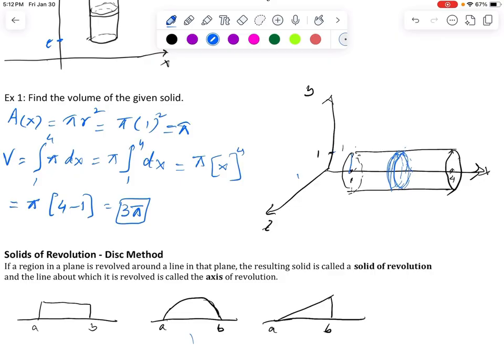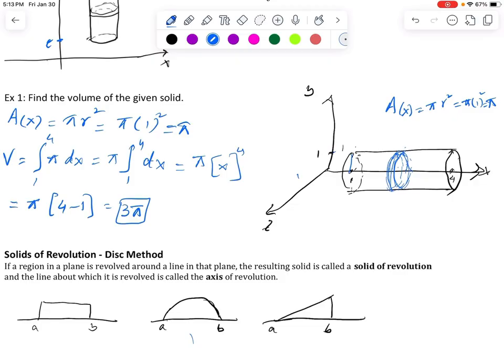If we cut a slice or a slab somewhere, what will be the area of this? Because the cross section will be a circle, the area will be pi r squared, but r is 1, so we get pi times 1 squared, or just pi.